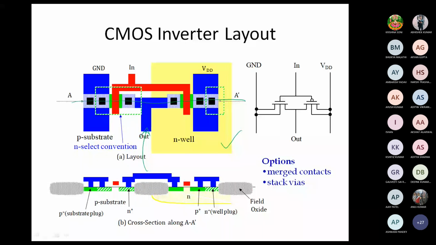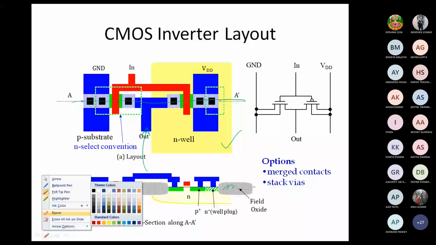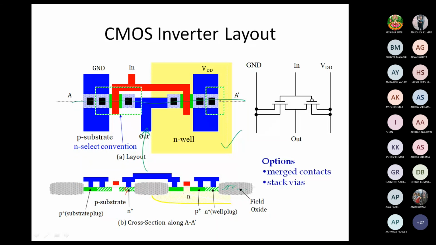Field oxides are used to isolate the different devices on the same substrate. The drains of the NMOS and PMOS are connected together to take the output here.